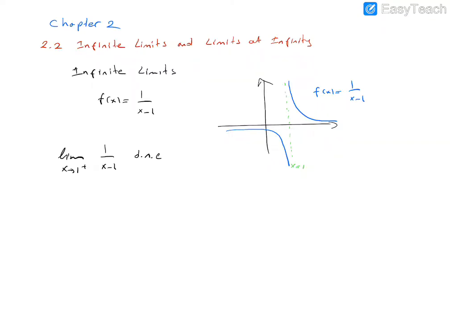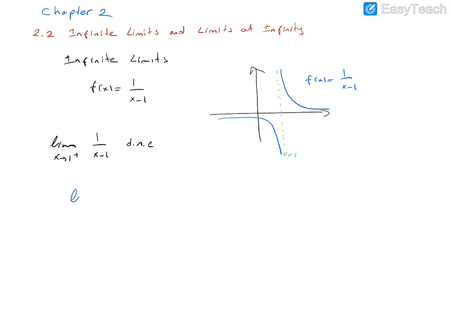We express this behavior symbolically in the following way, okay? We say the limit as x goes to 1 from the right-hand side of 1 over x minus 1 does not exist, but we write it equals infinity, or f of x approaches infinity when x goes to 1 from the right-hand side.